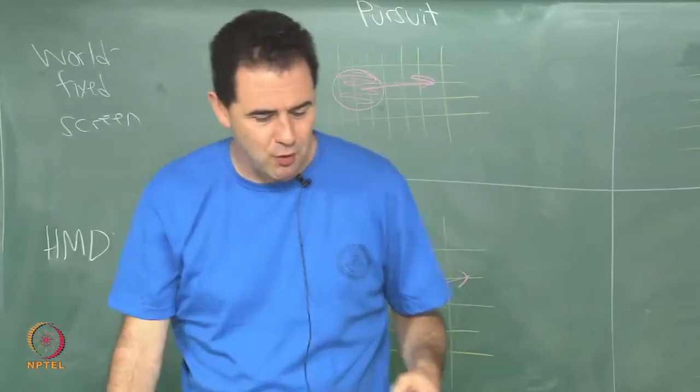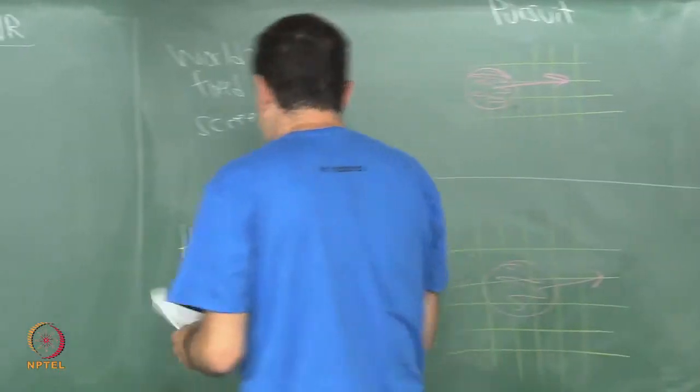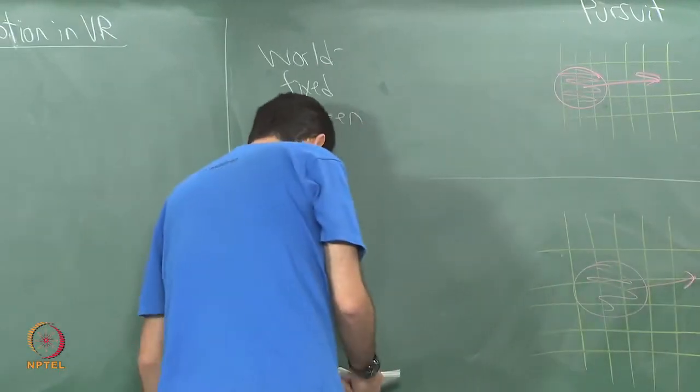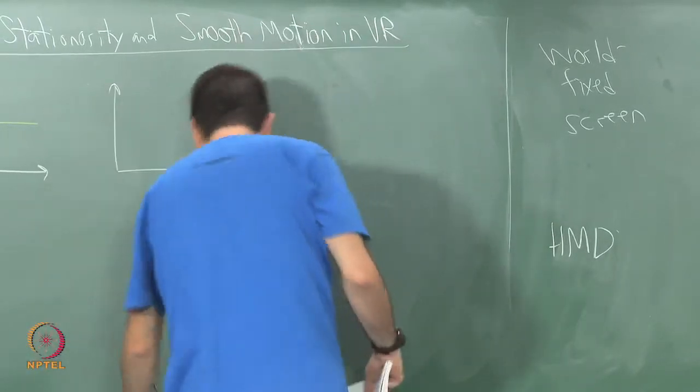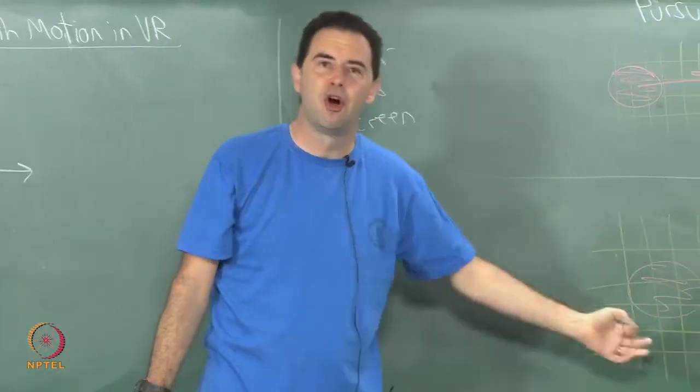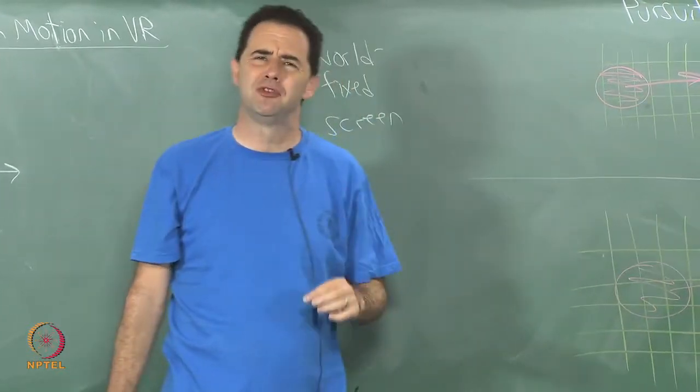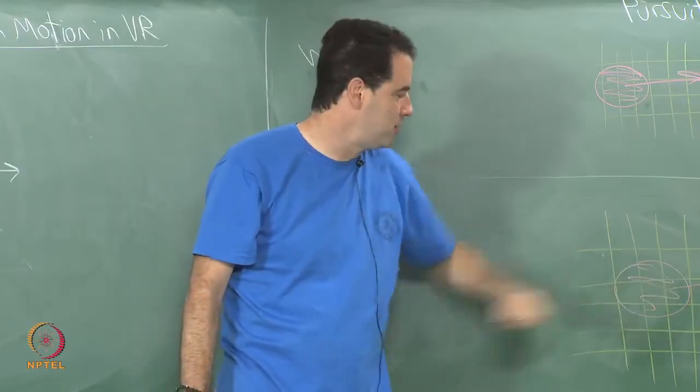So let's look at a case where we have a very fast switching display. I have the same picture here. I want to look at a particular object. Just call it a point if you like; maybe it's so small that it's like 1 pixel wide, but it can be a few pixels wide.